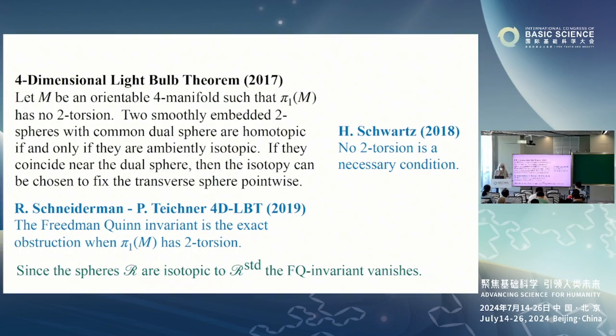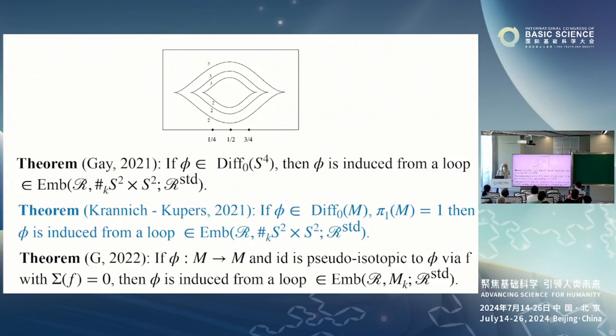So in fact, even when there's two-torsion, you can isotope back. Okay, so that's the first thing where pseudo-isotopy at least inspired a theorem. So let me show you a next one.